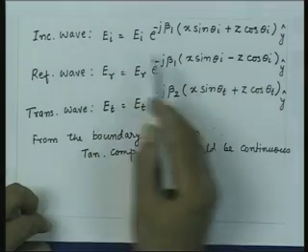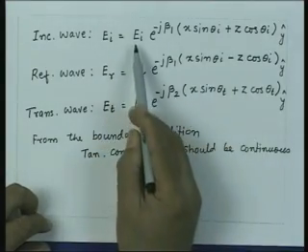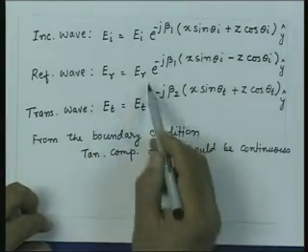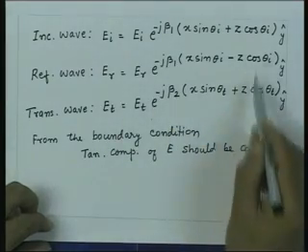So, if I substitute, I will get the three phase functions at z equal to 0.